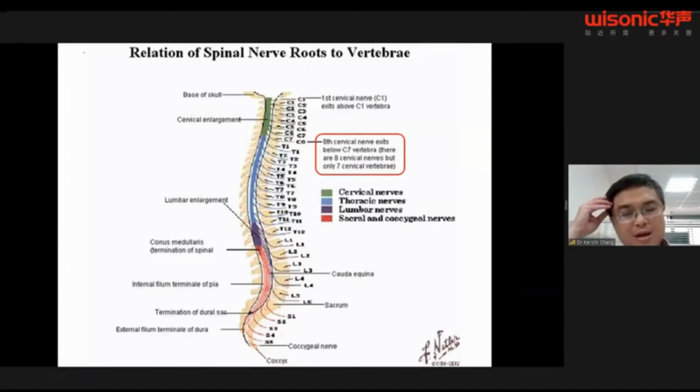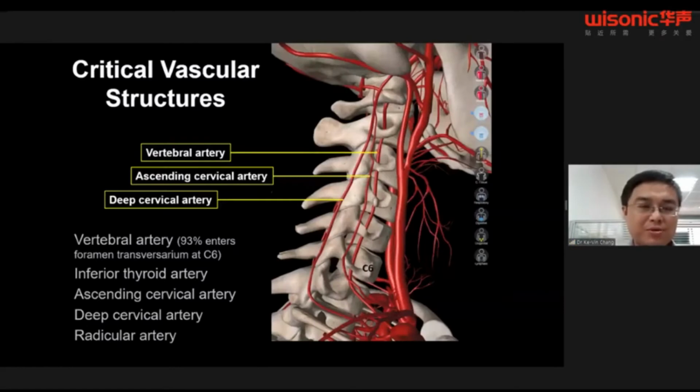So if you scan the nerve roots cranial to the C7 level, you are going to find the nerve root, after it exits the intervertebral foramen, crosses cranial to the corresponding level of the transverse process.